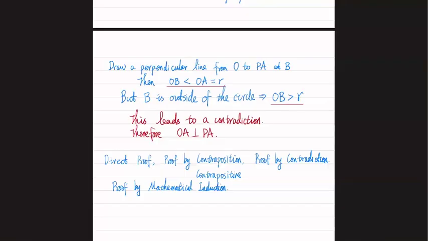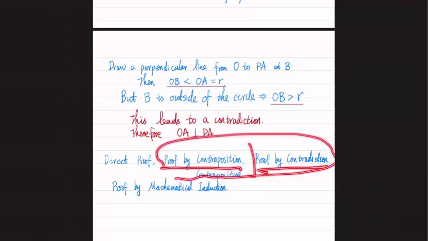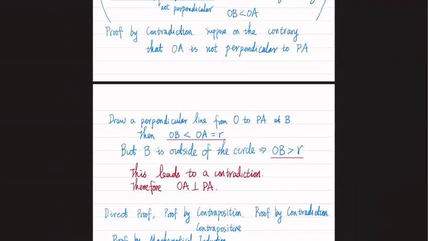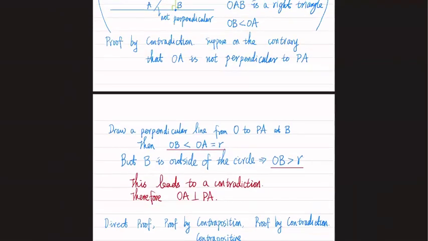Okay, so proof by contraposition, proof by contradiction. What are the differences between the two? They sound very similar. So why do I say this is the proof by contradiction, not the proof by contraposition?